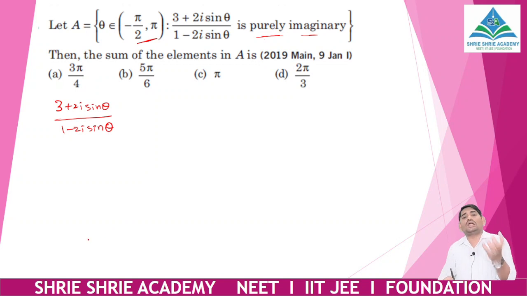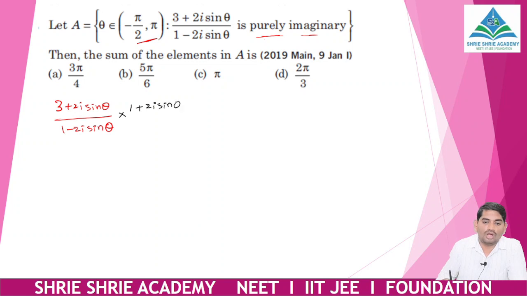Students, what is the real part and the imaginary part here? We can't separate real and imaginary directly here. So for that, what can we do? We can take the conjugate of 1 minus 2 iota sin theta. So we multiply with 1 plus 2 iota sin theta upon 1 plus 2 iota sin theta.